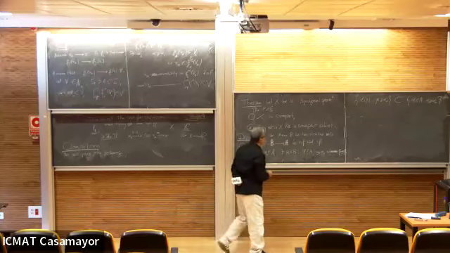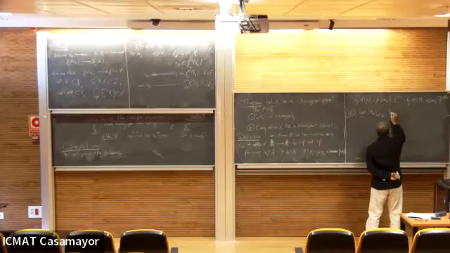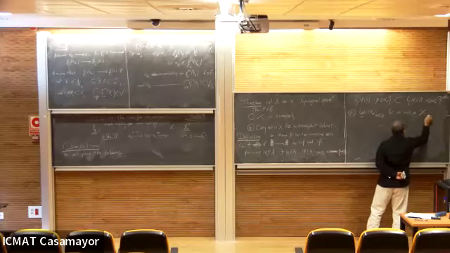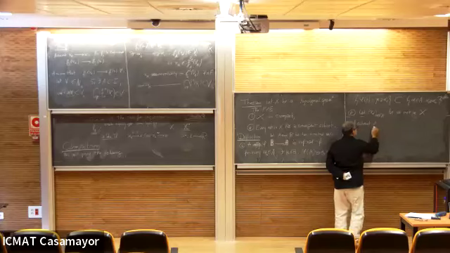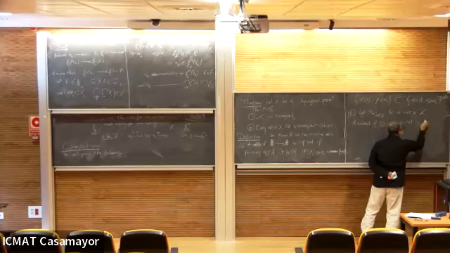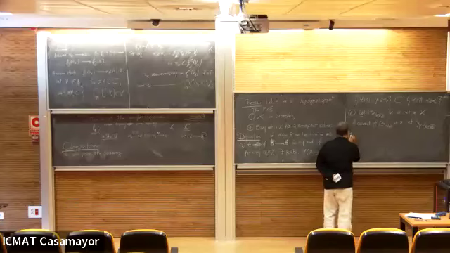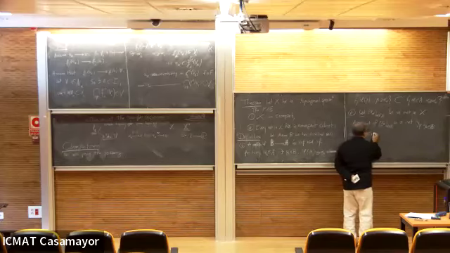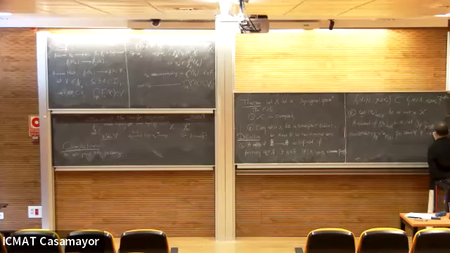Okay. Now a subnet. Let X alpha, alpha belongs to A, be a net in some space X. The subnet of X alpha is a net Y beta such that Y beta is equal to X phi of beta for some phi from B to A cofinal.